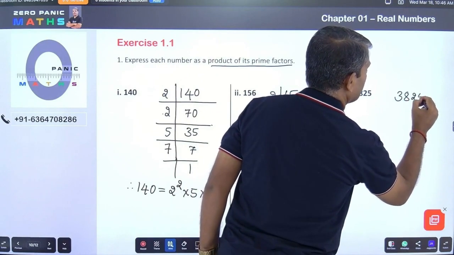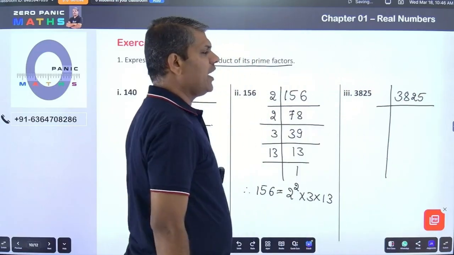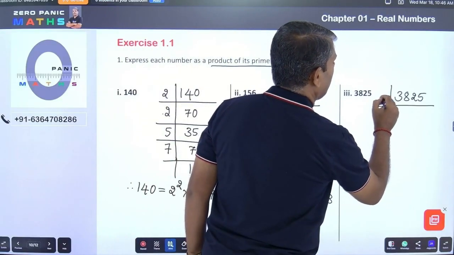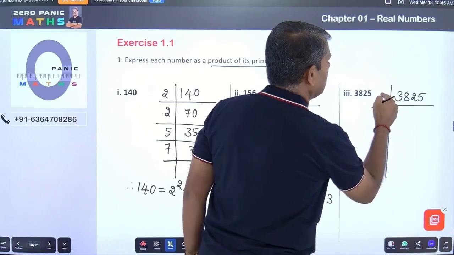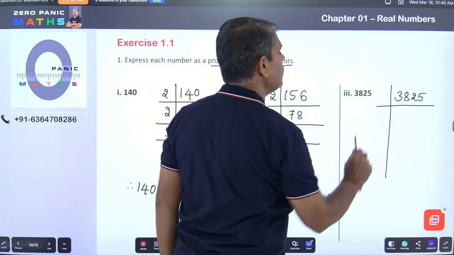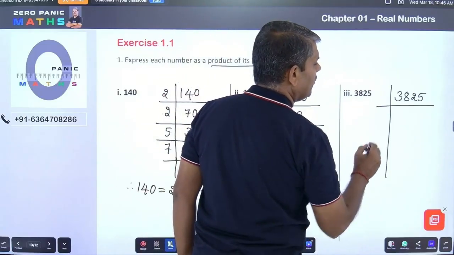3825. Now again, can I start with the lowest prime number 2? Can 2 divide this number? No, because it ends with 5. Can 3 divide it?